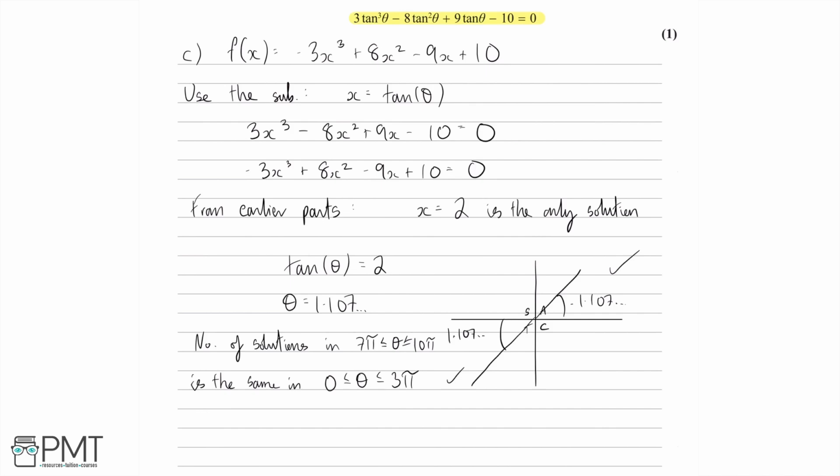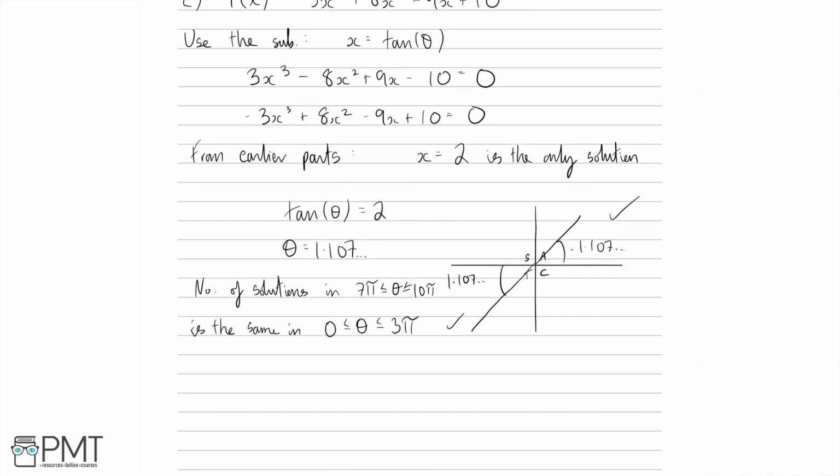And the reason this works is because to get from 7 pi to 10 pi, it's a difference of 3 pi, which is 1.5 periods. And the difference between 0 and 3 pi is also 3 pi, which is still 1.5 periods. So the number of solutions in each of them will be exactly the same.